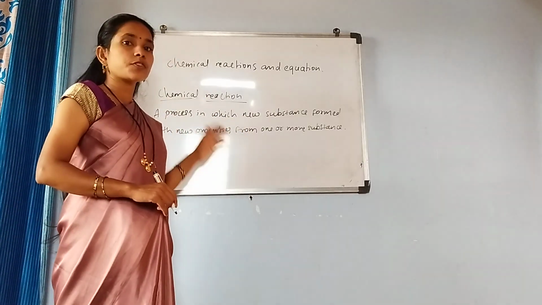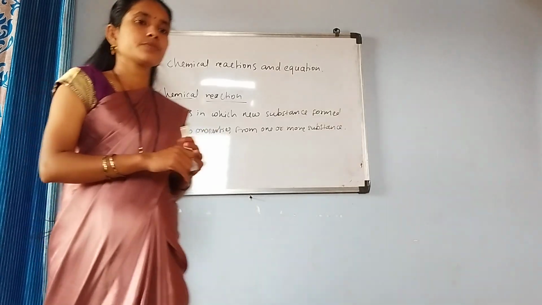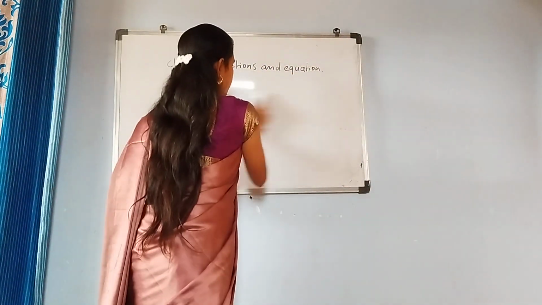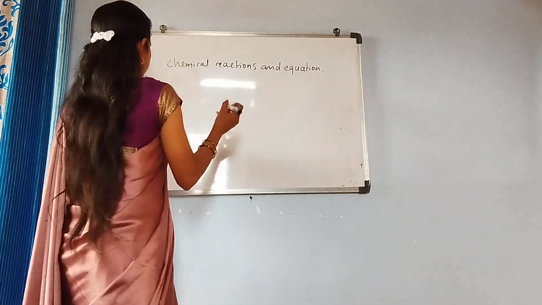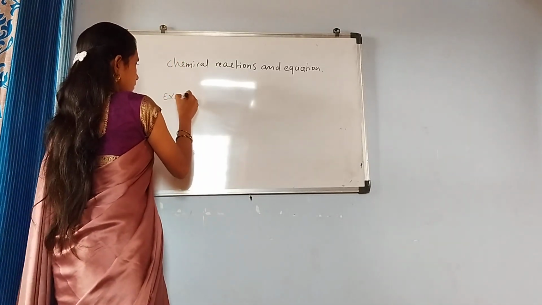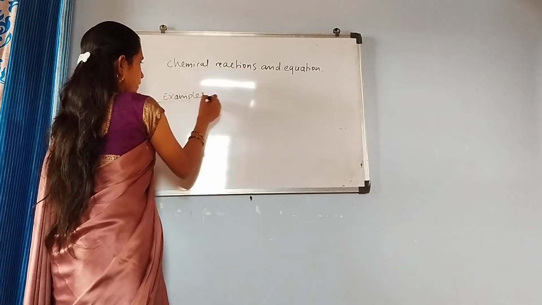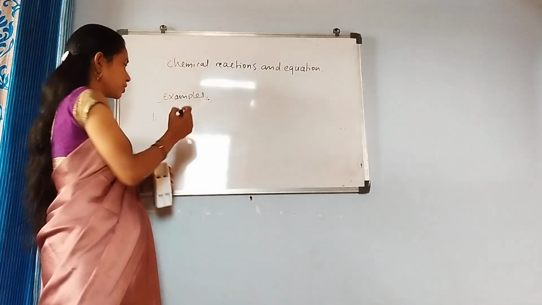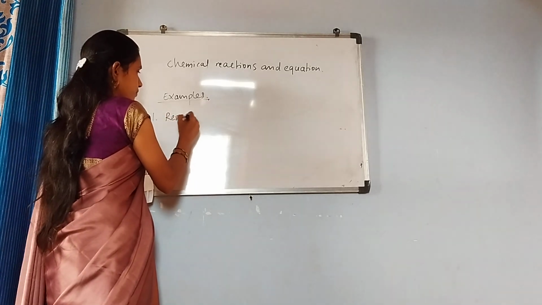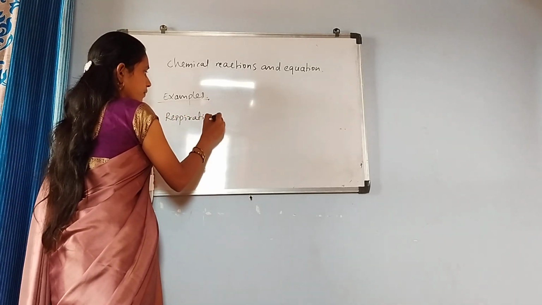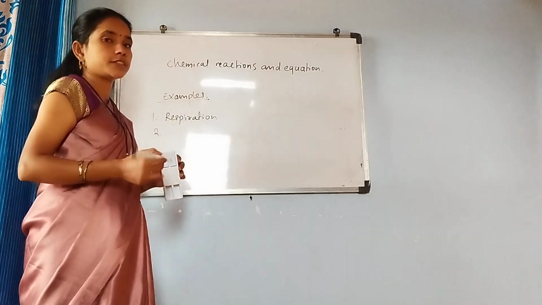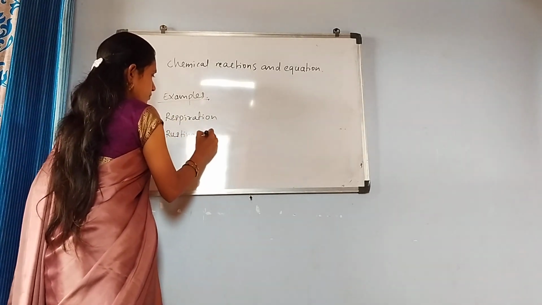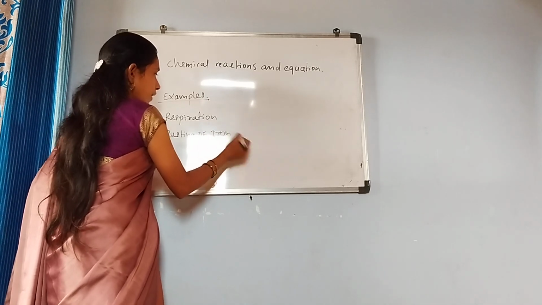So certain examples of chemical reactions I will explain here. First is respiration, that is also one of the chemical reactions. Then the second one is rusting of iron. Digestion of food.